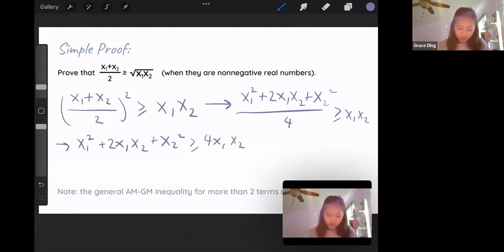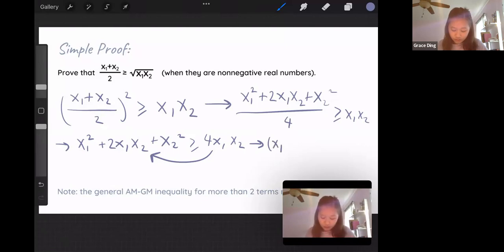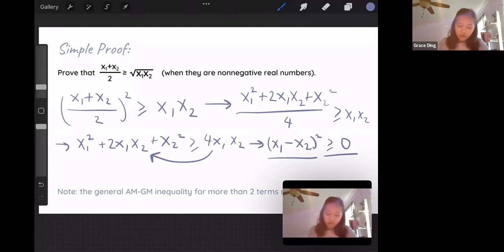And then once we subtract 4x1x2 over here, we can factor and we'll get this. And we know that this is always true because since both of them are real numbers, their difference will also be a real number. And anything real, when you square it, will always be more than or equal to 0. So therefore, for two terms, AM-GM will always be true.